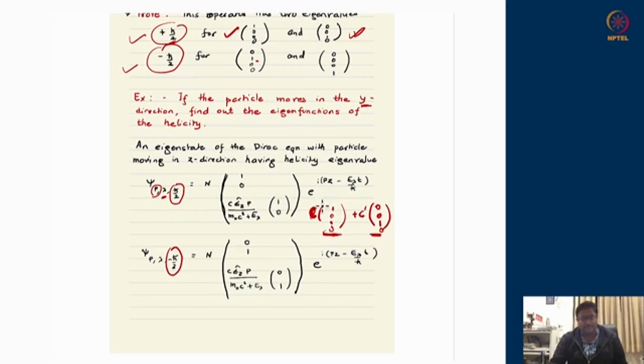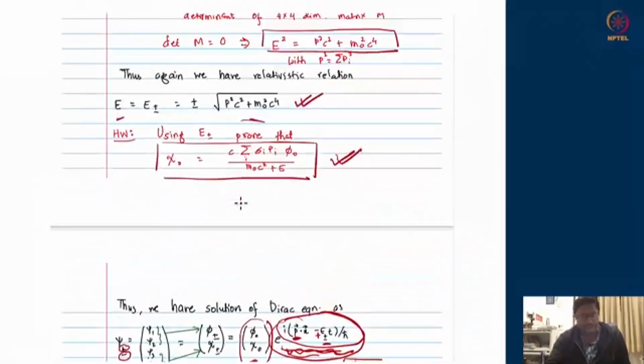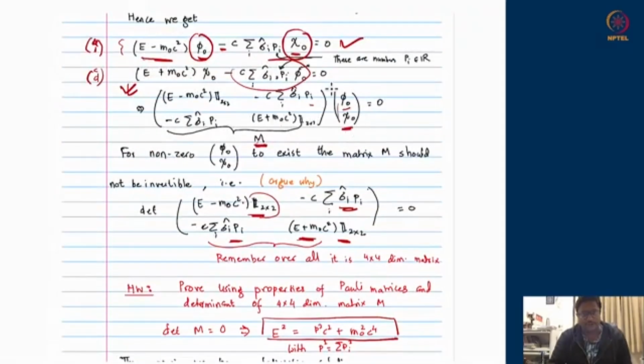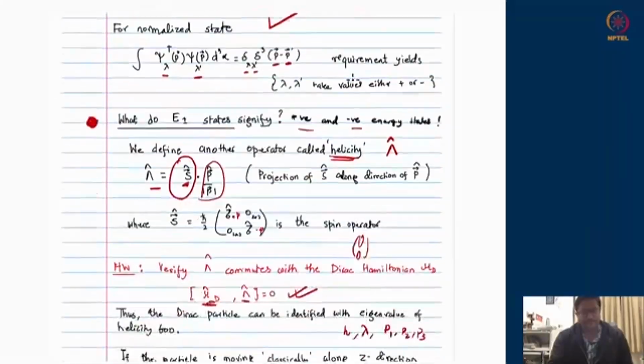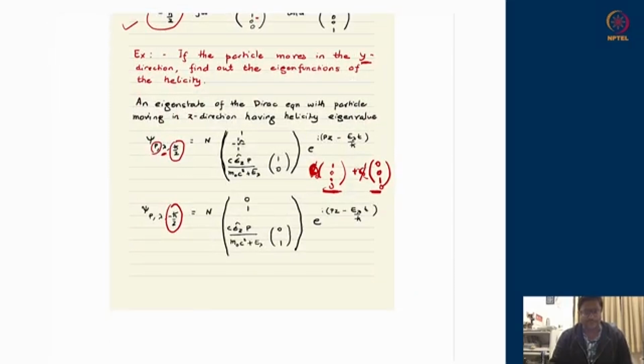The upper block I call phi naught, the lower block I call chi naught, and phi naught and chi naught are related, as in the exercise we just performed, because this is the lower block of the Dirac equation. So overall, the full solution becomes phi naught on top and chi naught below, and they should be related like that.